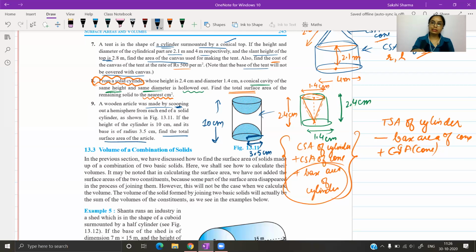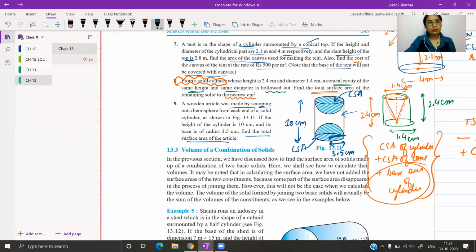Otherwise, पहले जो हमारा cylinder था, solid था, ऊपर flat surface थी, नीचे flat surface थी, circles थे. Now after scooping out those hemispheres, वो circular bases जो थे वो नहीं रहे, उनकी जगह पे curved surface create हो गई है और वो curved surface is for the hemispheres at each end. So we will be calculating the surface area by curved surface area of the cylinder plus the curved surface area of the two hemispheres.